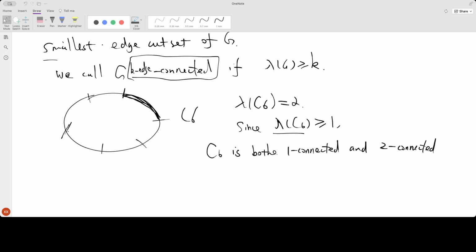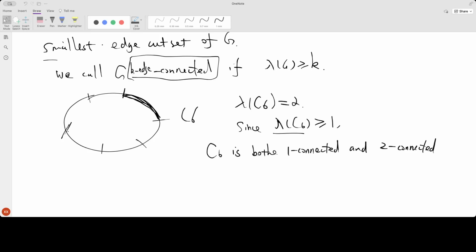In this cycle graph, the answer is 2. And this number 2 is your edge connectivity. And for our convenience, later we call a graph 1-connected or 2-connected: as long as the connectivity is greater or equal than that integer, you say it is k-connected.